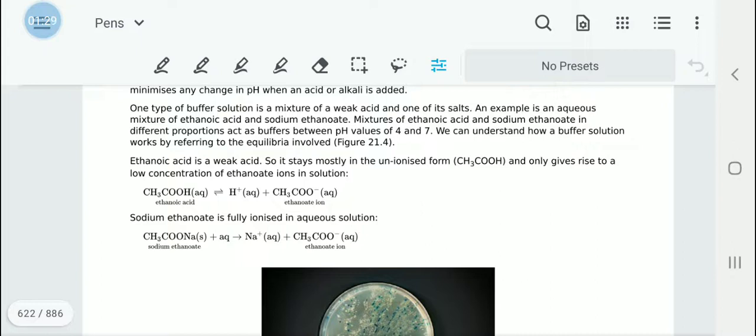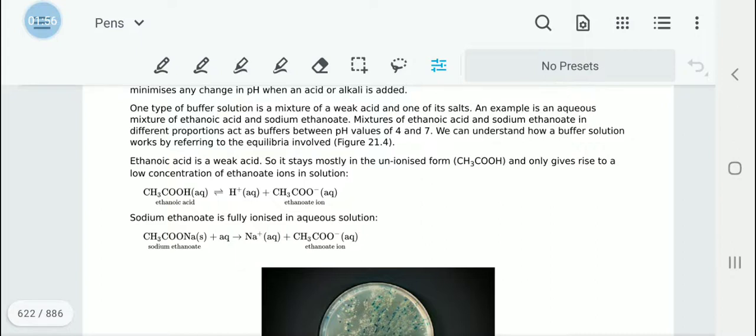When ethanoic acid is added, some of its molecules dissociate into H plus and CH3COO minus. So then you have a low concentration of ethanoate ions in the solution. When you add sodium ethanoate, it is fully ionized in aqueous solution.